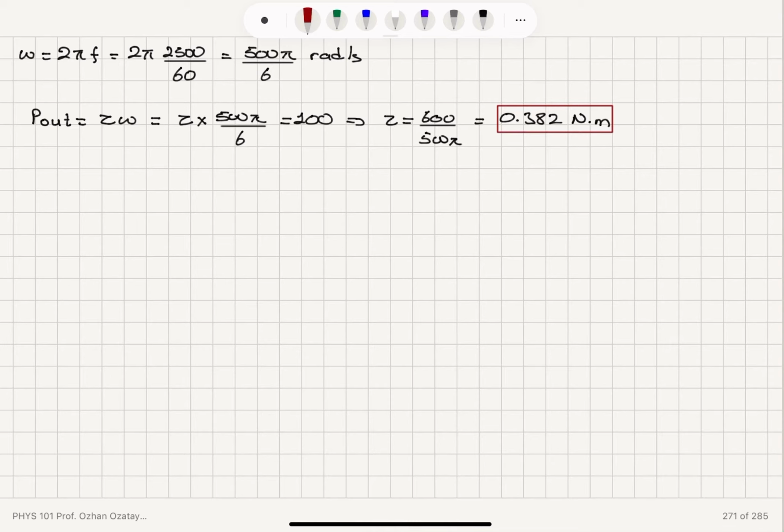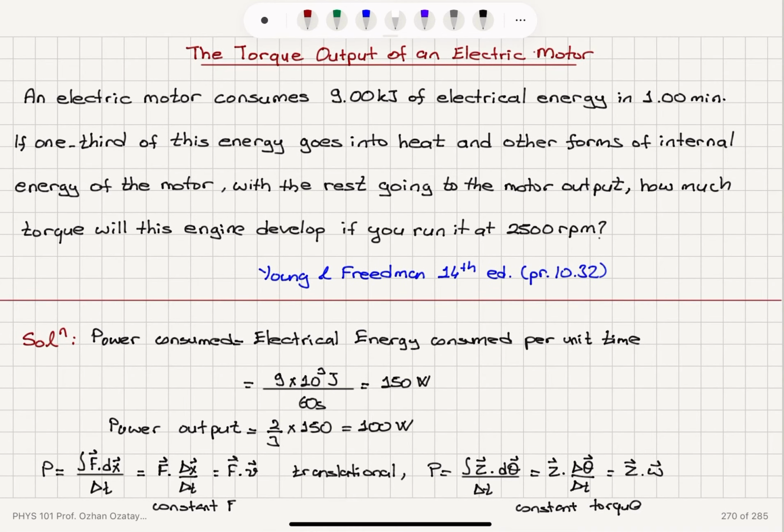Okay, so in this problem we worked on power. Power in translational motion when you have a constant force is equal to F dot delta x vector divided by delta t, the time interval in which we have the force being applied causing the translation, that is F dot product with the velocity v.